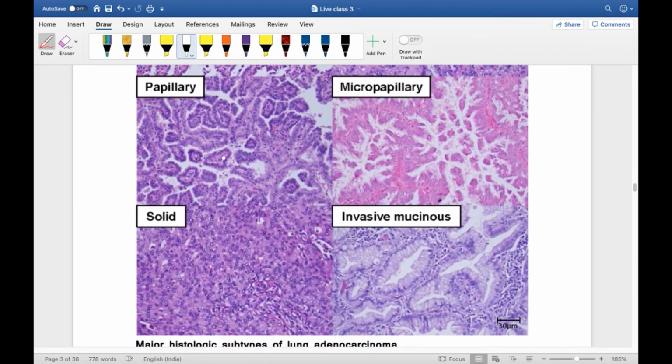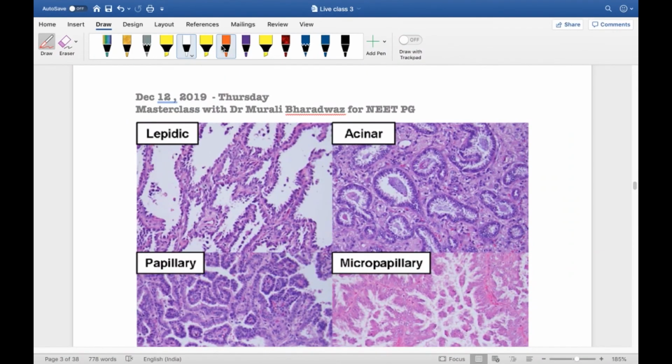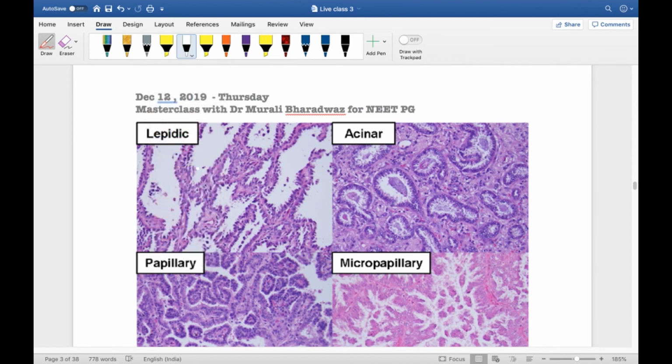If you look at adenocarcinoma, there are various varieties. Just like you have Guntur idli, Baba idli, mini idli. If you go to Chennai, you get mini idli.